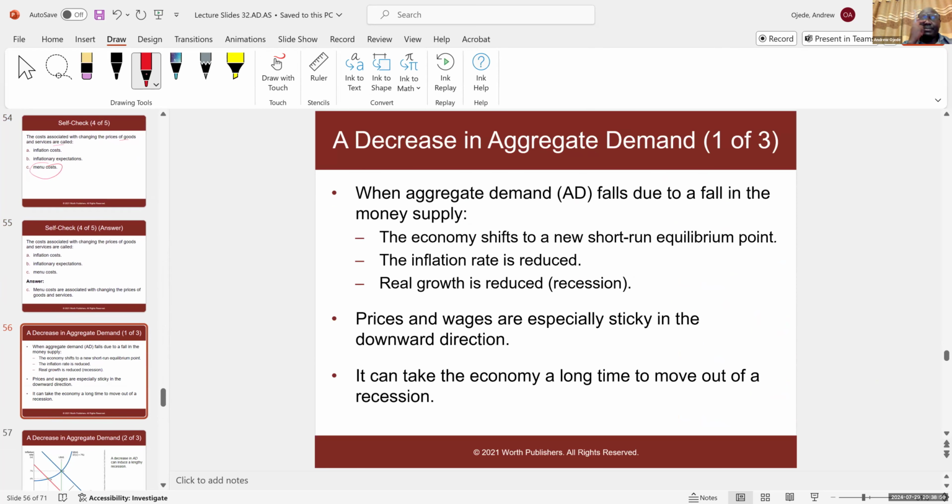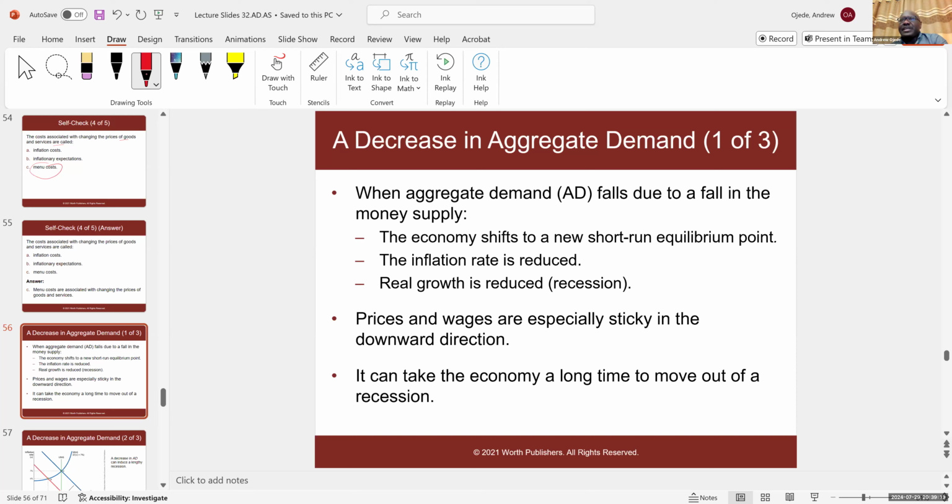What about a decrease in demand? A decrease in demand is going to have the opposite effect, what we call a negative demand shock. So anything that leads to a decrease in the growth rate of spending. For example, when the stock market crashes, consumers feel less wealthy because they've lost wealth, and they're going to reduce their spending.